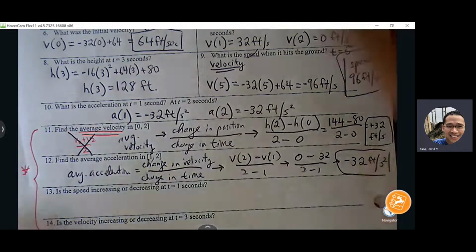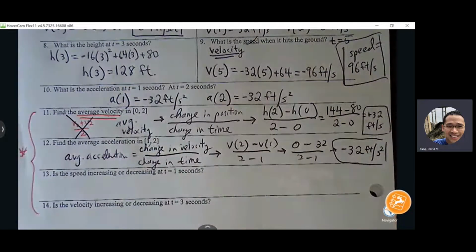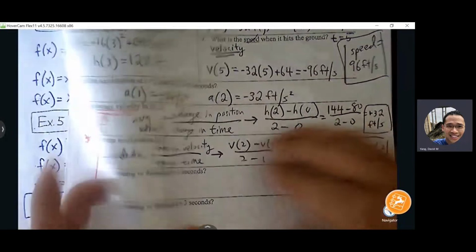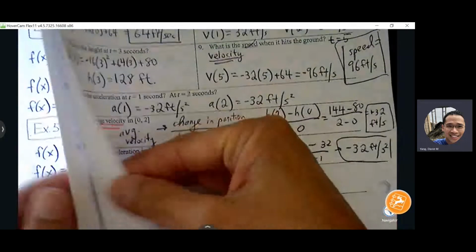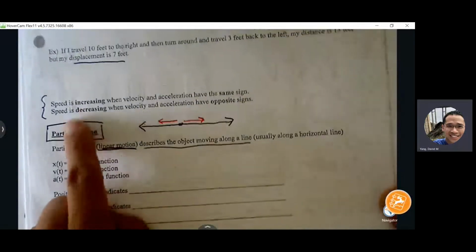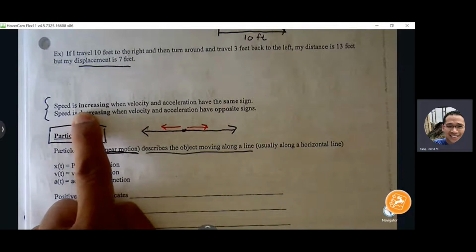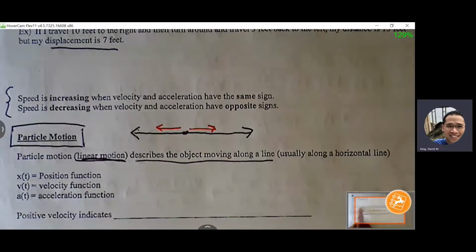Okay, number 13. Is the speed increasing or decreasing at t equals 1 second? Now, we talked about increasing, decreasing speed a little bit yesterday, so let me go back and review that. Speed is considered increasing when the velocity and acceleration have the same signs.